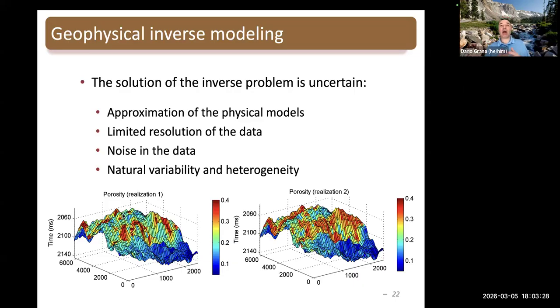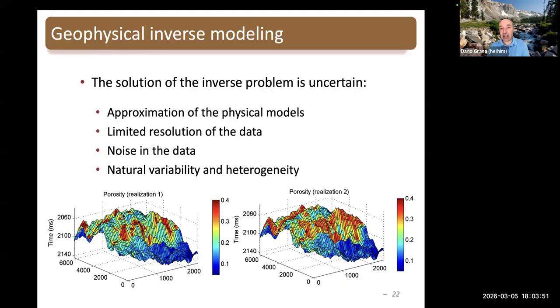The reason why we cannot come up with a single deterministic model is that there are several sources of uncertainty in the problem that we're looking at. There are some approximations in the physical models. If you think about my rock physics models that I showed you before, there are clearly some approximations there. You know that grains are not spheres. They generally have a much more complicated shape.